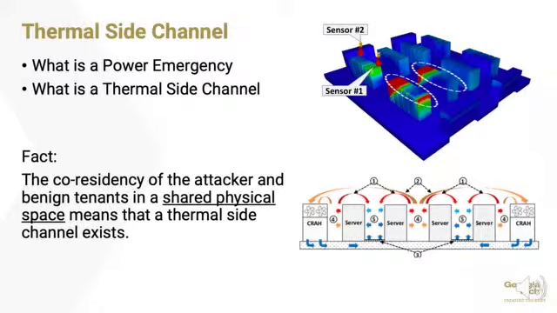And an interesting note, the co-residency of the attacker and the benign tenants in the shared physical space means that there is a thermal side channel that will exist, and the attacker can take advantage of that.